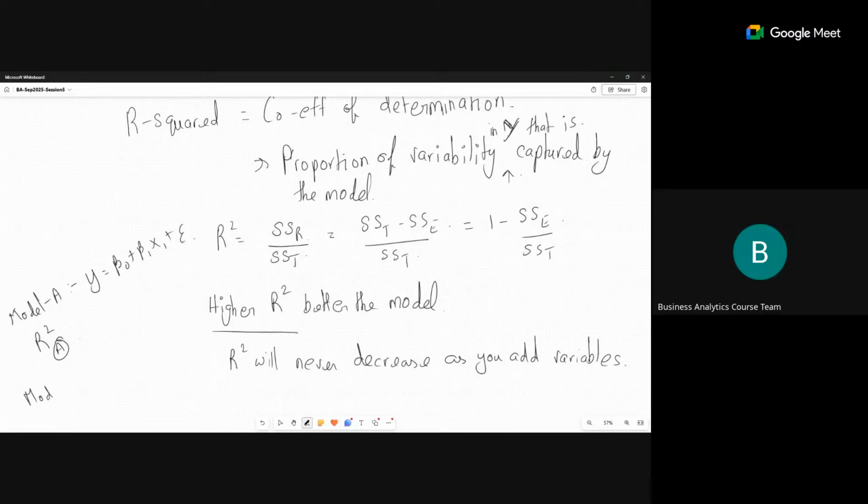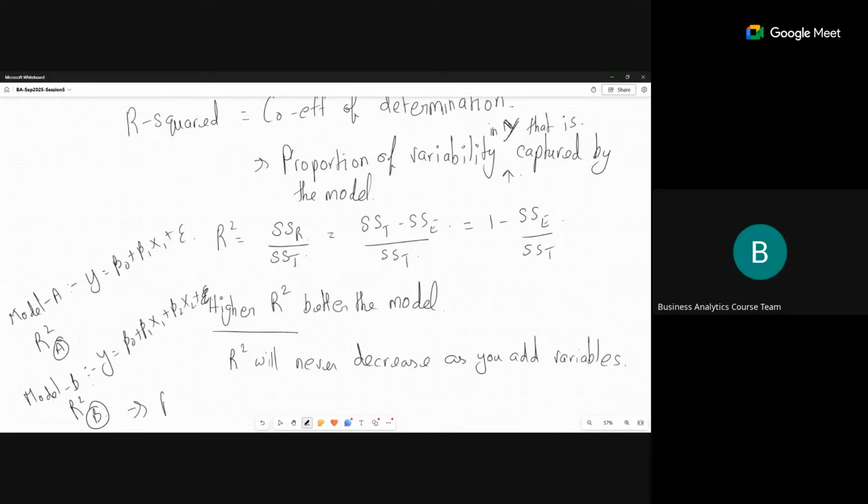I have a model B, with the same Y. The Y's are the same, but my model is Y equals beta naught plus beta 1 x1 plus beta 2 x2 plus epsilon, right? This will give me an R squared RB.